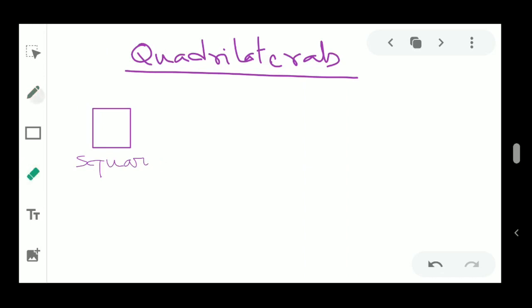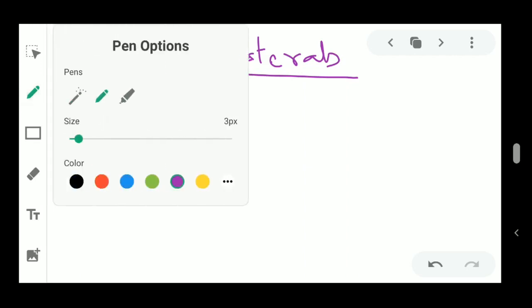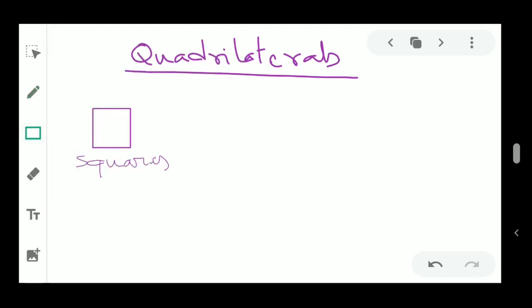Okay, so in squares all sides are the same. You can see the spelling if my handwriting is not clear, because I'm writing with a very low quality stylus, so you can have a problem.